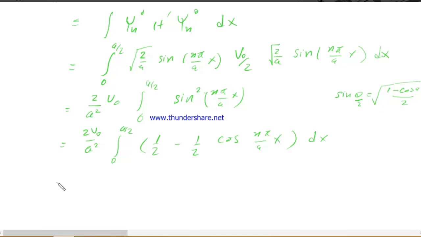Then we can integrate these equations, and this is equal to 2 V naught divided by a. Now we can integrate this equation directly.